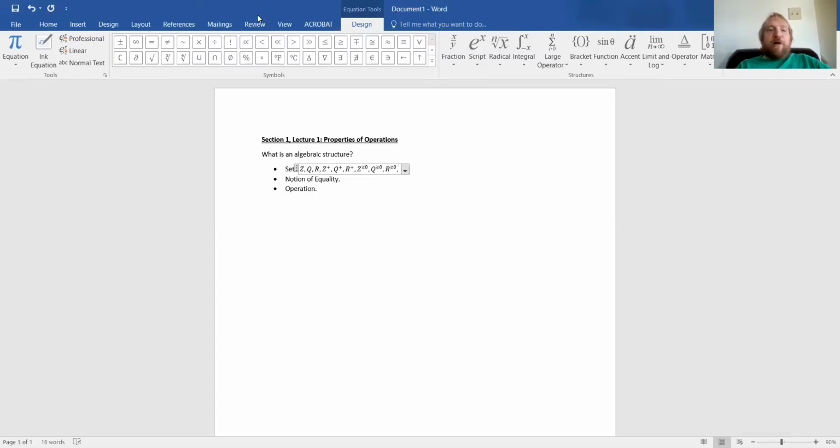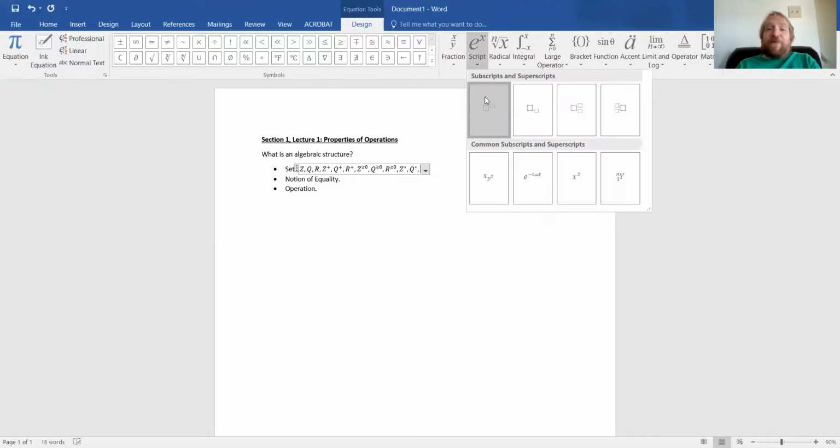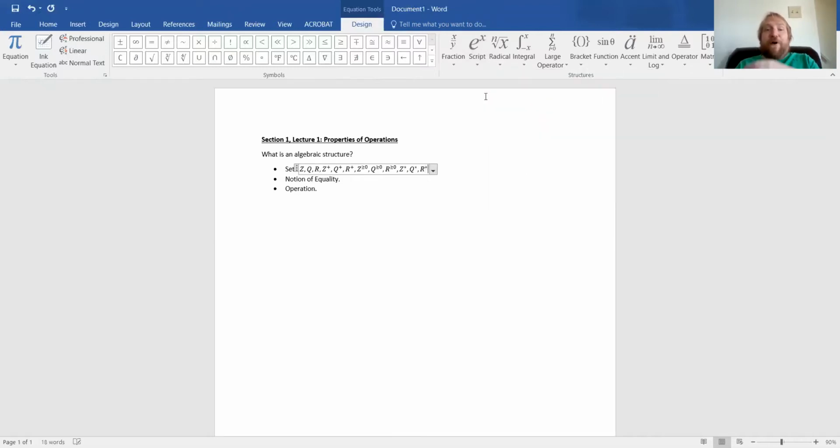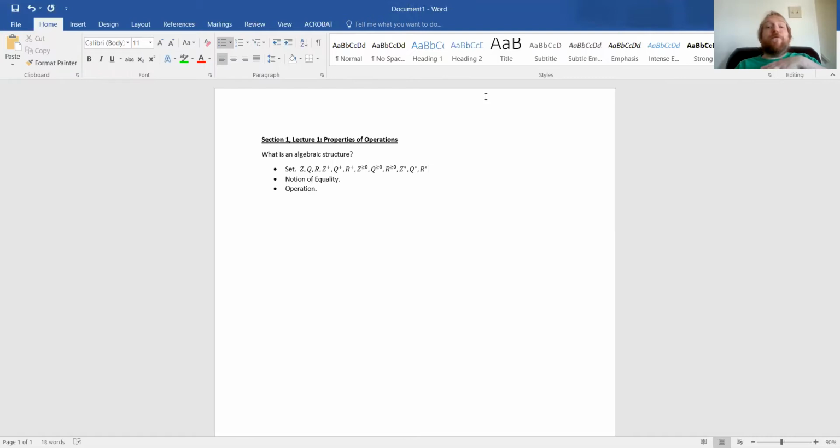Or if we wanted the non-zeros, we could have Z star, Q star, or R star. So these are the 12 examples of sets of real numbers that we saw in foundations. And we learned them in foundations because they all make good algebraic examples of simple algebraic structures here.